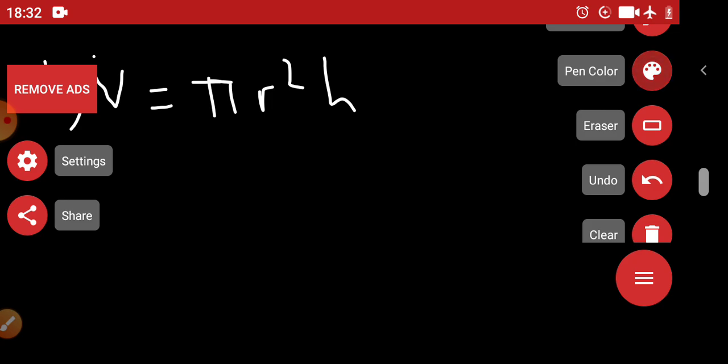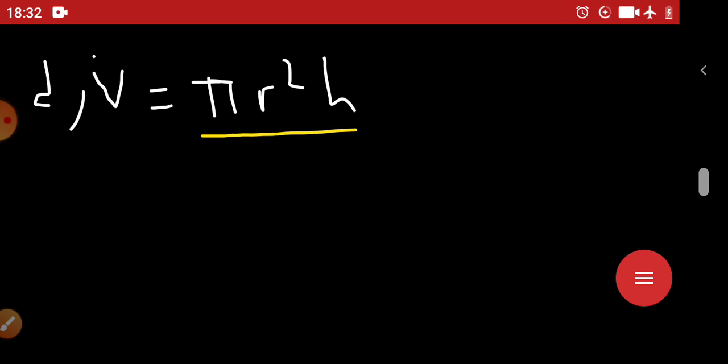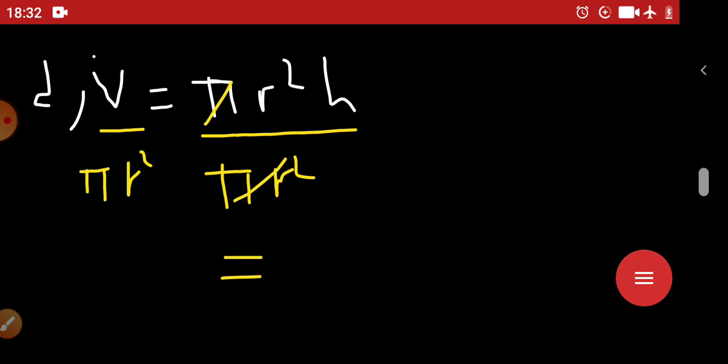All of this part is multiplying, so the opposite of multiplying will be dividing. So we need to divide by pi r squared because we want h to be left alone. We divide this both sides, so this will cancel this, such that from the right hand side we are left with h, and from the left hand side we have V divided by pi r squared. So this would be the answer.